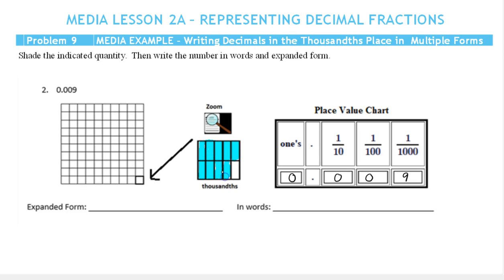Now if we put this in the original grid, it'll be almost 1/100th. It's 1/1000th short of 1/100th. So notice, very small.